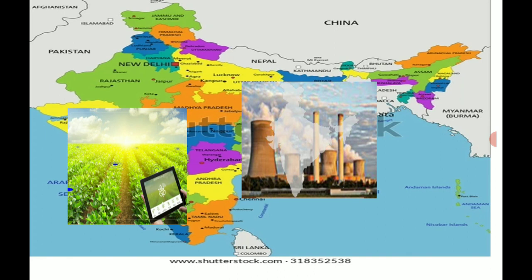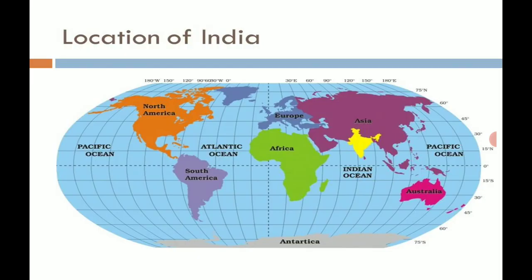Now, let us learn a little bit more about this country that is emerging as a fascinating blend of culture and technology. We will start by locating India on the world map. So here you can see our country India in the yellow color, in the Asian continent.